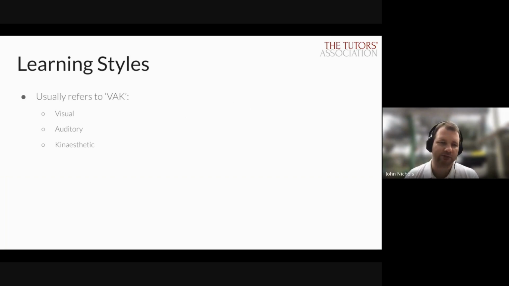So it encourages people to think of themselves as either a visual learner or an auditory learner or a kinesthetic learner. And it says, well, if you're a visual learner, you will learn best by looking at things. So here's a diagram and here's a picture and here's a video. And if you're a kinesthetic learner, you need to make models out of Play-Doh or something, or run around and pretend you're a molecule or something like this.